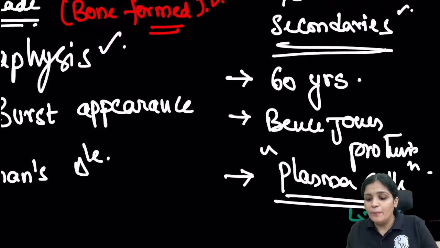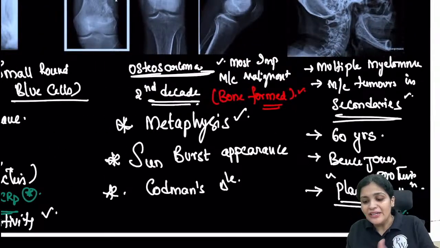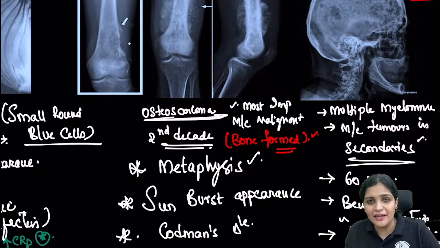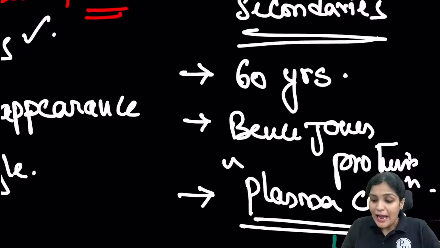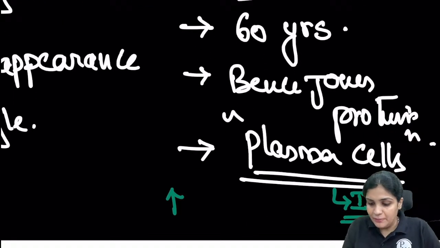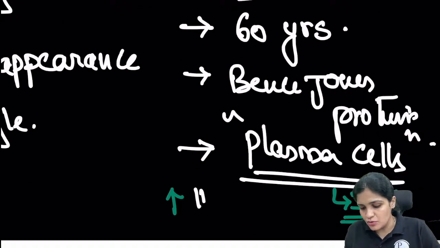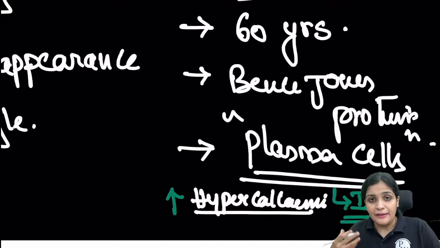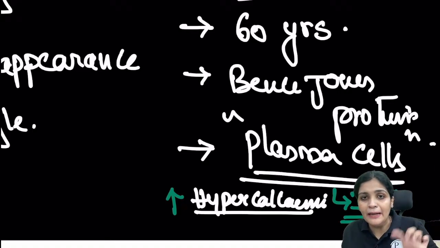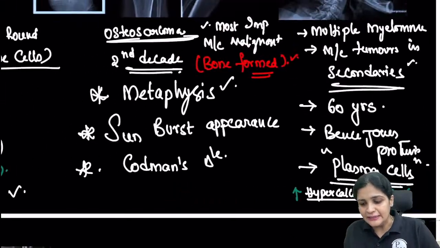And then he will have punched out lesions, and this will result in fractures, especially in the vertebrae, and he will have features of hypercalcemia, such as renal stones, right? So those are some of the features of your plasmacytoma or your multiple myeloma. Is that clear?